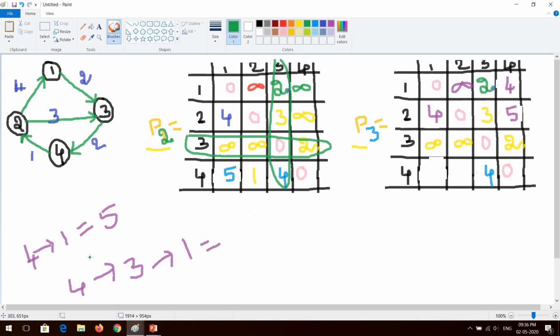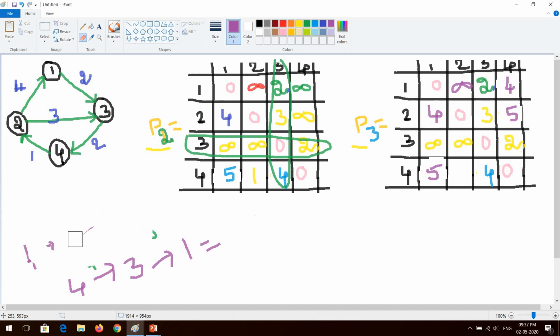Let us observe. 4 to 3 is of cost... how much? 4 to 3 is of cost 4. 3 to 1 is of cost infinite. So infinite and 5. 5 will remain the same. Okay. So there will be no change in this.